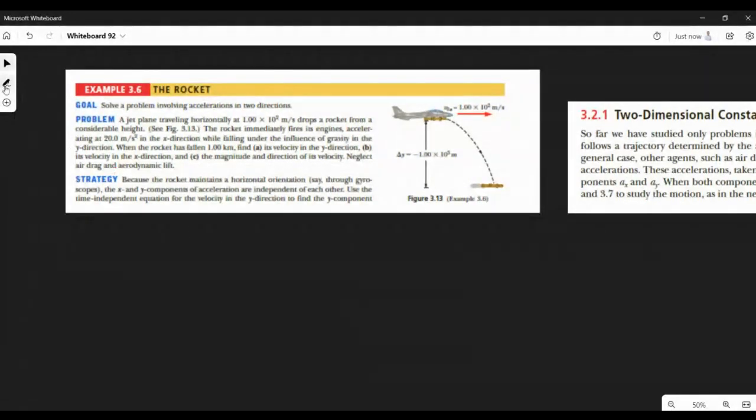Okay, so let's first find the velocity in the Y direction. Normally, we have our equations of motion for the X and the Y, but we are looking for Vy. So what do you think we can use here for Vy?